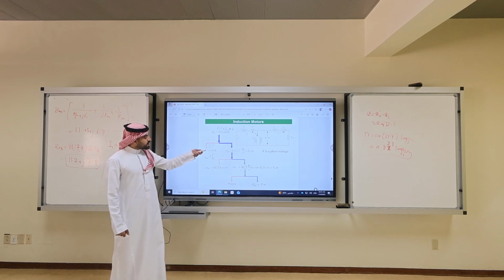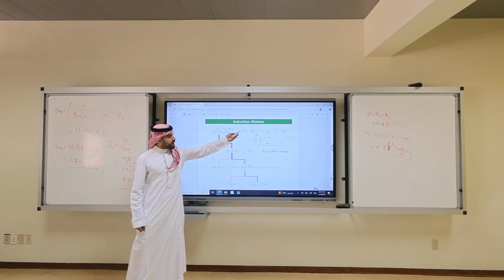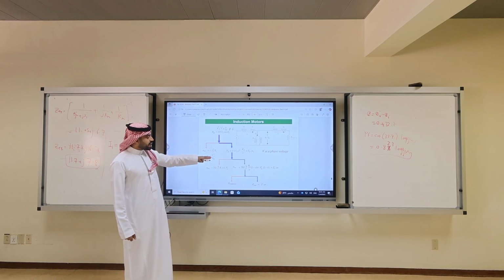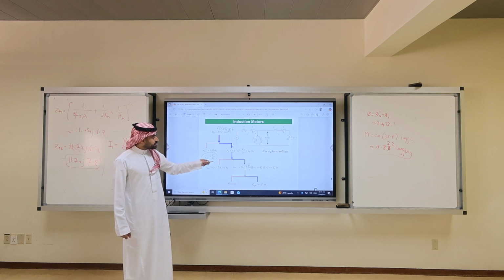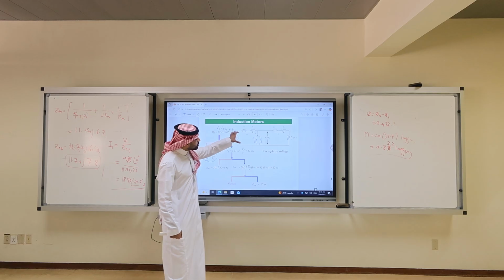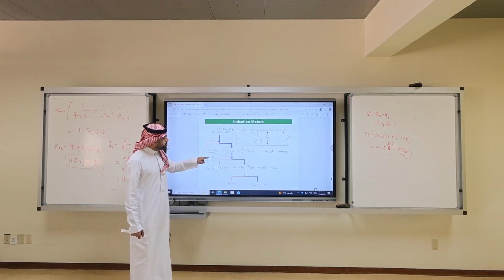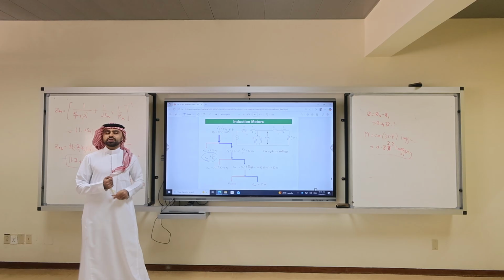This is RMS. And SCL is 3 I1 square R1. The core, roughly speaking, they're using this from circuit 2. They're saying, okay, let's approximate it to be V squared over Rm, from circuit 2, times 3 because it's three-phase. Do we have 3 in a DC machine?